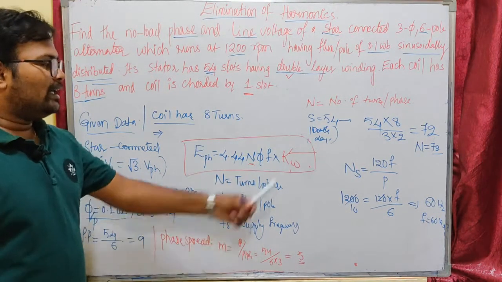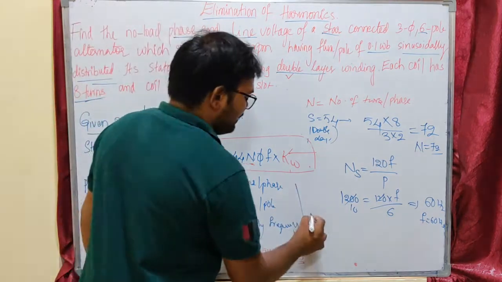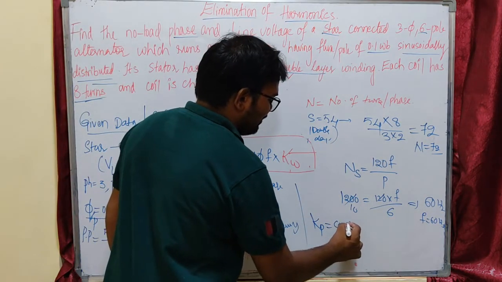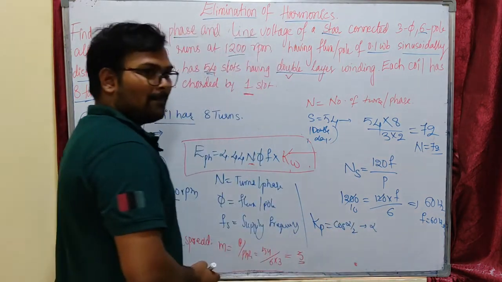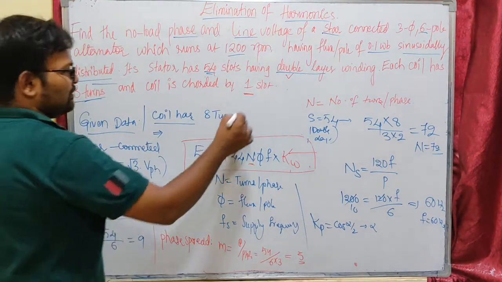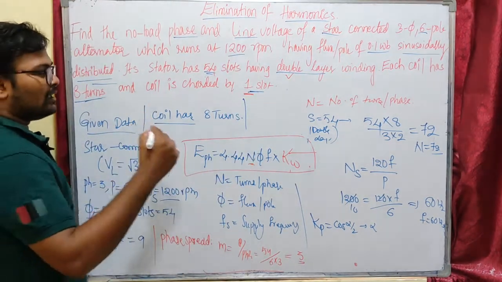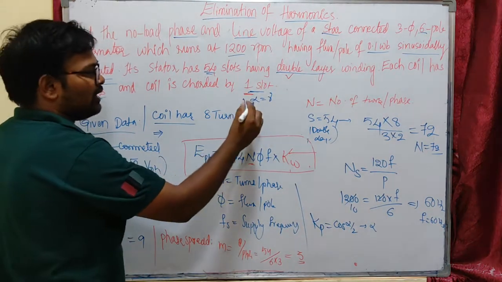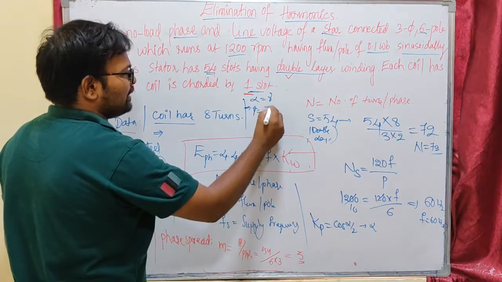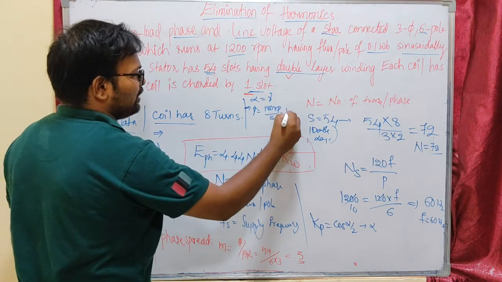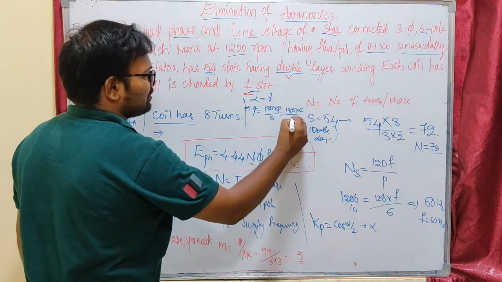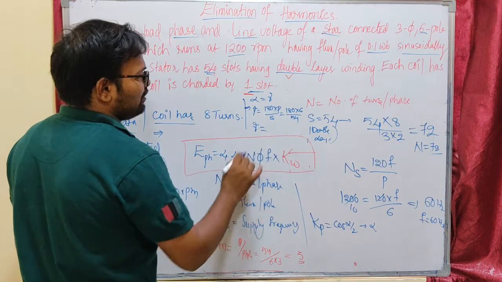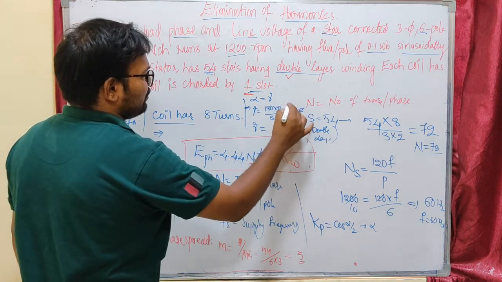Now let us find Kp and Kd here. Kp is equal to cos alpha by 2, so we need to find alpha. What is the slot angle here? The coil is short pitched by one slot, so alpha will be equal to gamma, because one slot angle is equal to the chording angle. Gamma is 180 into the number of poles by the number of slots, that is 180 into 6 by 54.